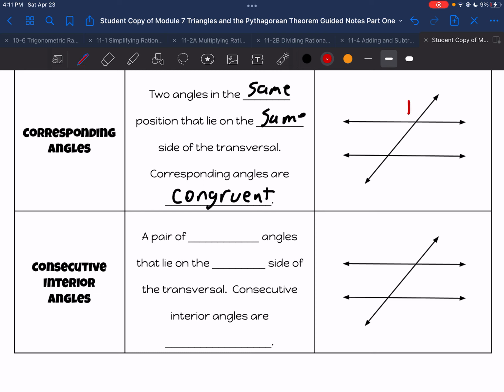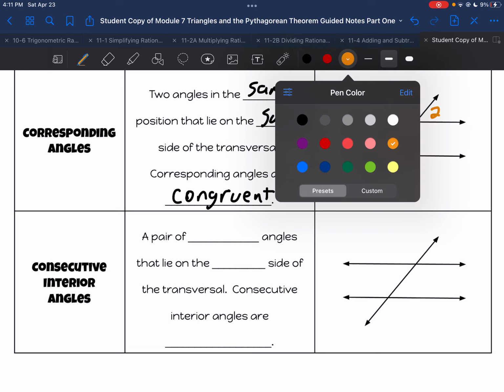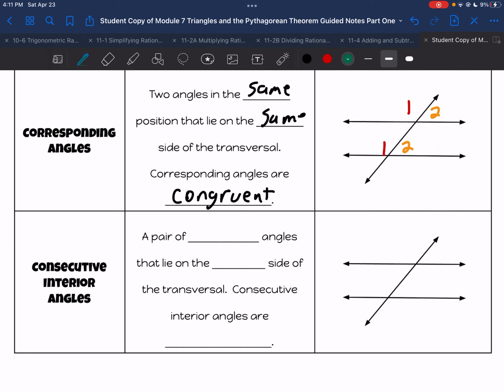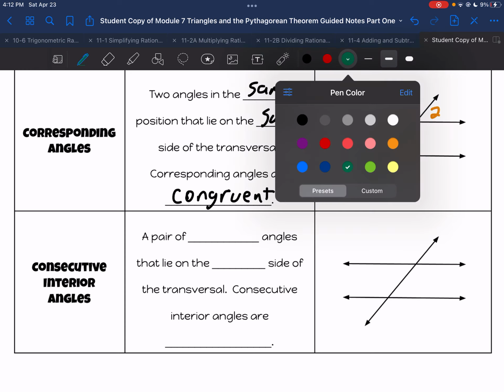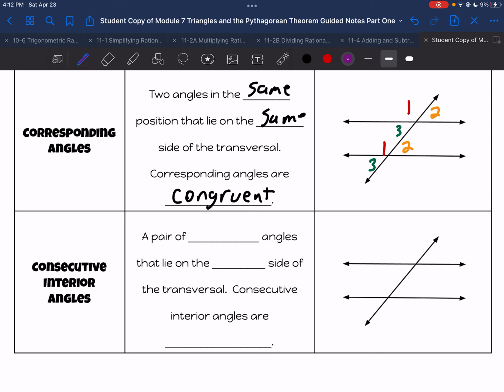So we're going to say this is 1 and this is 1. They're on the same side of the transversal. They're in the same position. They're both above the parallel line. We'll say this is 2, this is 2. We'll change colors. We'll say this is 3, this is 3. Change colors again. Go purple, 4, and 4.